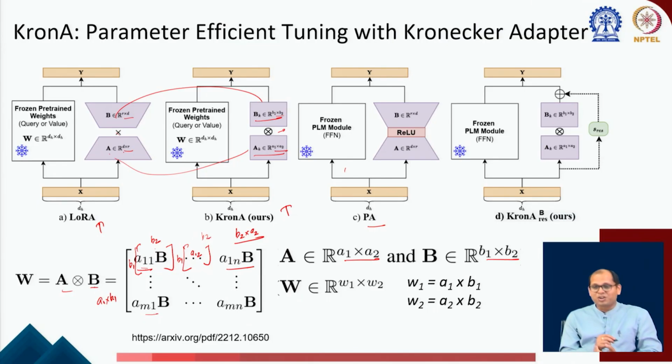What you have to ensure is that if W is W1 cross W2, then A1 cross B1 should be equal to W1, and A2 cross B2 should be equal to W2. So here A1 cross B1 should be DH, and A2 cross B2 should also be DH. That is one constraint that you have to put, and that is how this Kronecker product is defined. Interesting. And you see this does not have to be low rank.